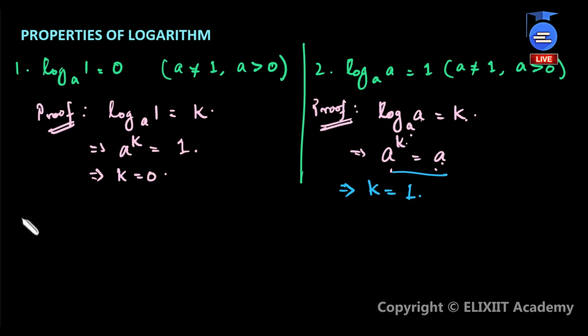Third property. What is the third property? The third property is also known as the product rule. What is the product rule saying? Let us understand this.